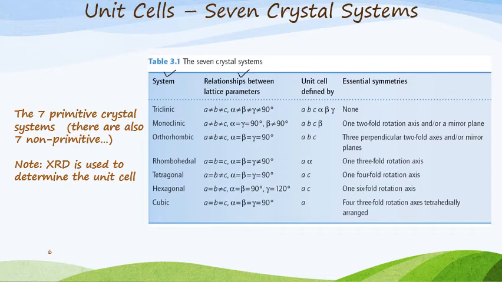We'll have a look at that in a moment. Then we see some other information here on how the unit cell is defined, and then some essential symmetries. Now, we haven't done symmetry just yet, but when we get to it, this particular section of the table will make way more sense to you.